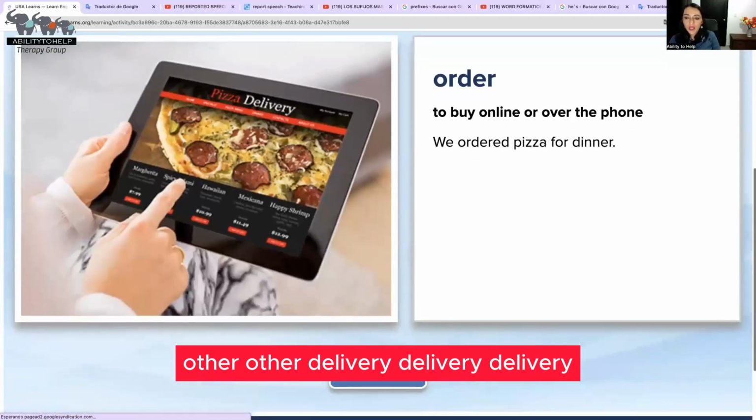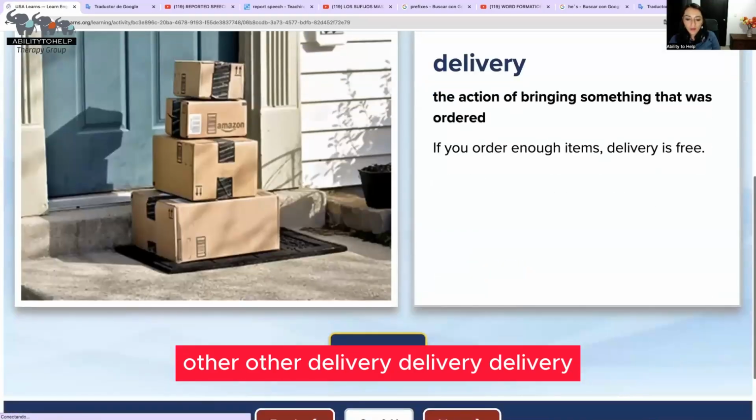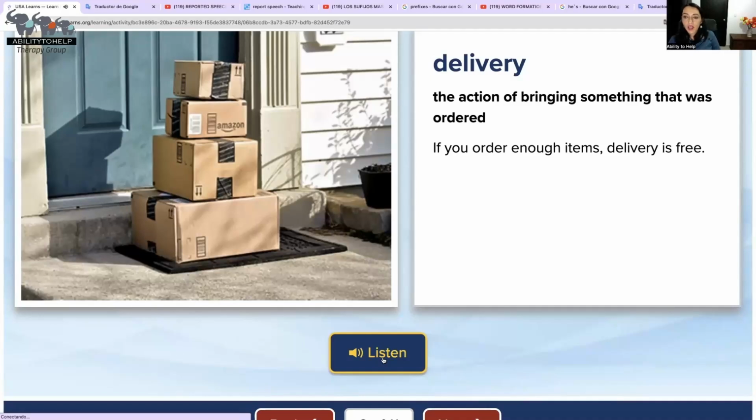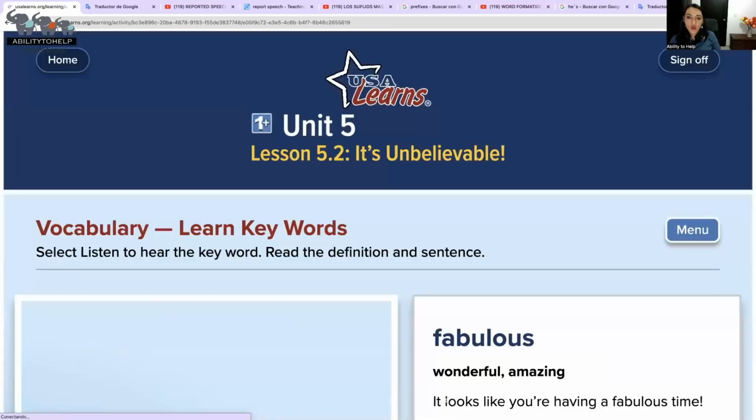We order pizza for dinner. Delivery, the action of bringing something that was ordered. If you order enough items, delivery is free. El envío.